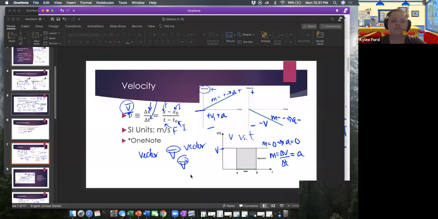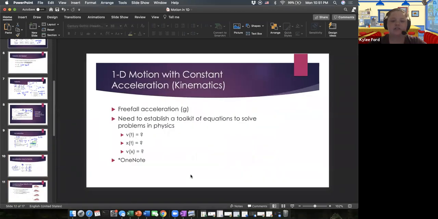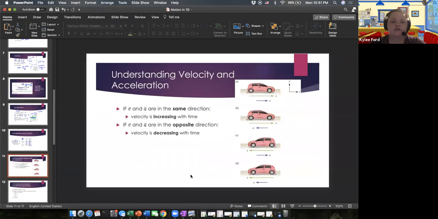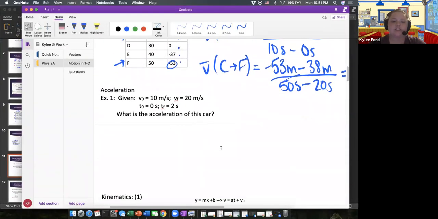Okay, let's see, where were we? Acceleration. Let me give you guys a quick example of acceleration. Whenever I see a problem, I start thinking of formulas that I can use.